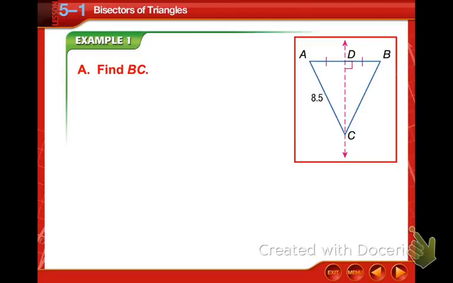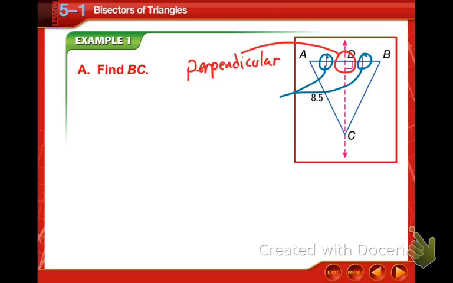So, we need to find BC here. C is on what looks like the perpendicular bisector. We know that because, first off, it is perpendicular at D. So that tells us it's perpendicular. And then we also have these little marks on either side showing that it is splitting it in half. And these tell us that it is the bisector.